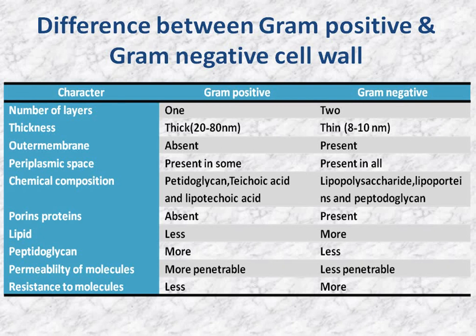Gram-positive is less resistant, but gram-negative is more resistant. As I just told you, the periplasmic space, which is present in most gram-negative bacteria, has enzymes which destroy antibiotics or drugs.